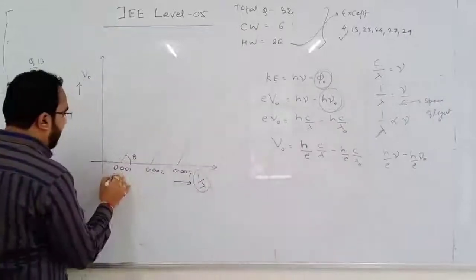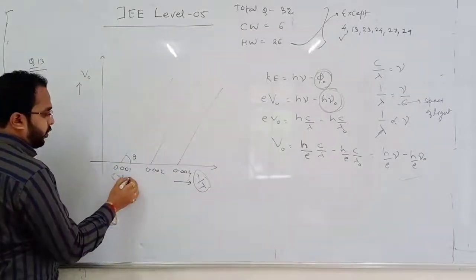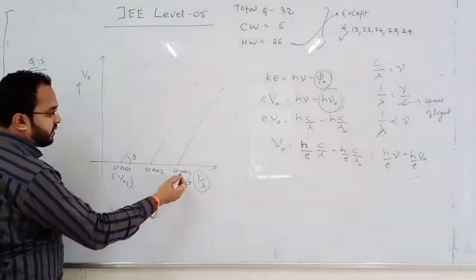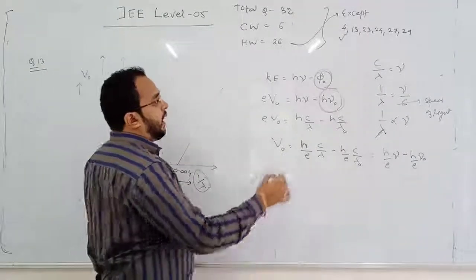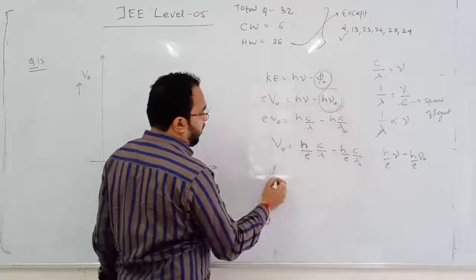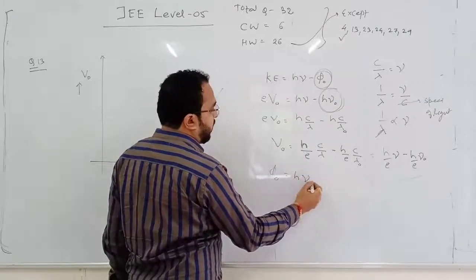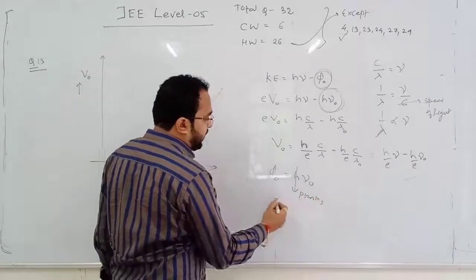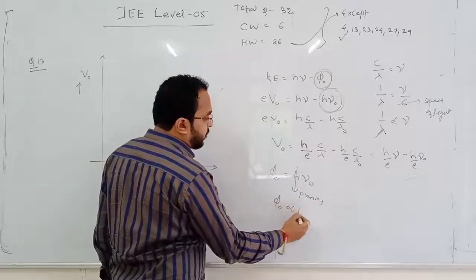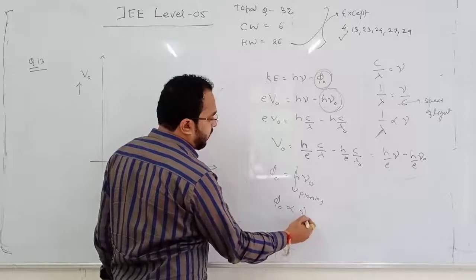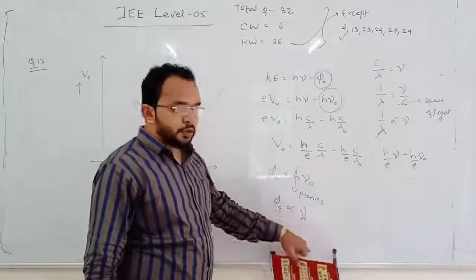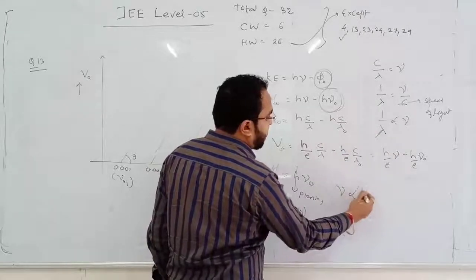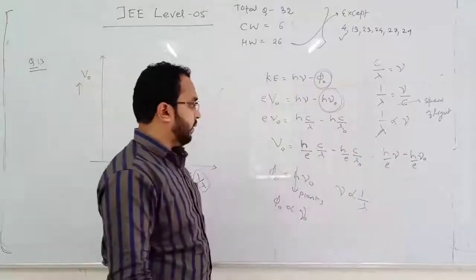So we can call it mu naught 1, proportional to mu naught 1, this is proportional to mu naught 2, this is proportional to mu naught 3. And h into mu naught, so phi naught is equal to h mu naught. Phi naught is again a constant, Planck's constant. That means phi naught is proportional to mu naught.